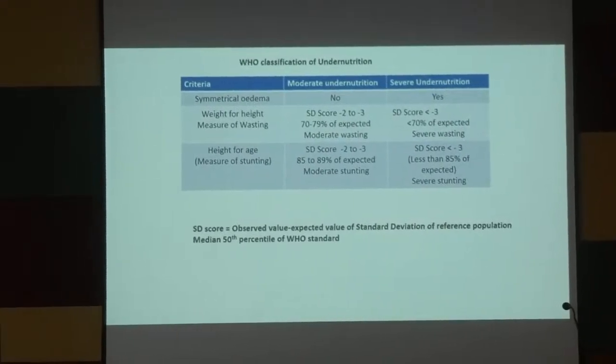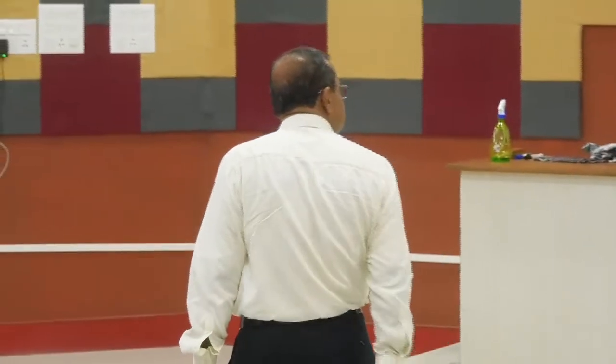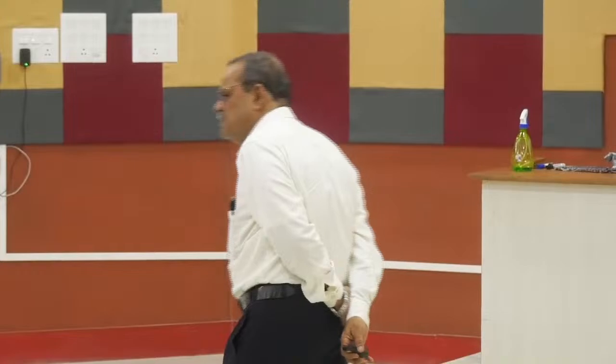So here some data is given on standard deviation. In the first line, standard deviation score: what is that? Observed value minus expected value of standard deviation.